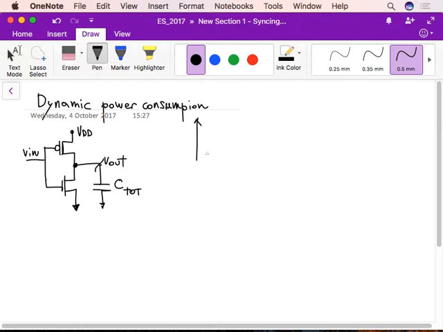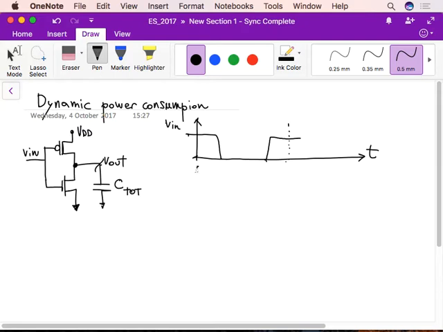Let's consider just a cycle of the input and the output voltage. Let's assume for example that the input voltage is initially high, then it goes low, then again it goes high, and so on. Let's just consider a simple cycle, just a period.